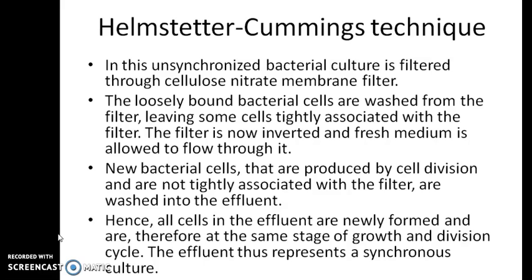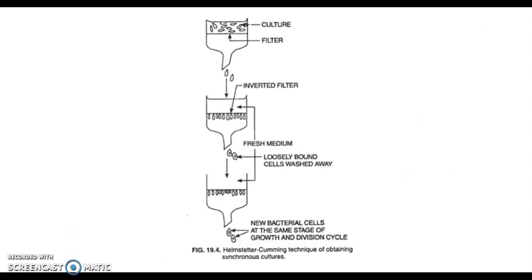Hence, all cells in the effluent are newly formed and are therefore at the same stage of the growth and division cycle. This effluent thus represents a synchronous culture. In this image you can see the Helmstedt-Cummings technique of obtaining synchronous culture.